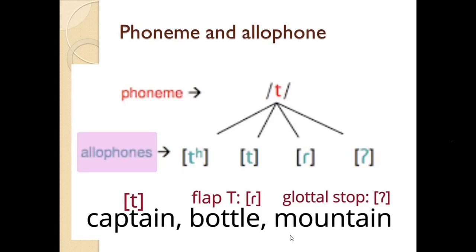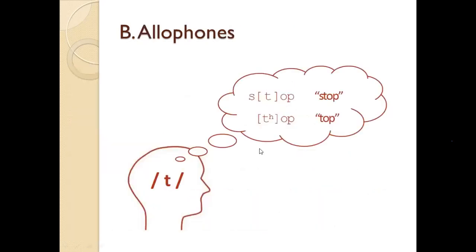So phonemes are more on the t sound, while allophones are mostly in the middle or the end. We call these allophones.